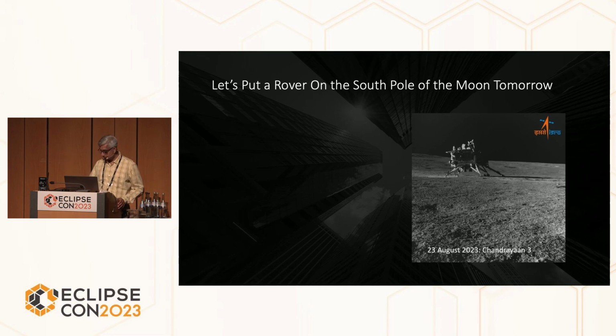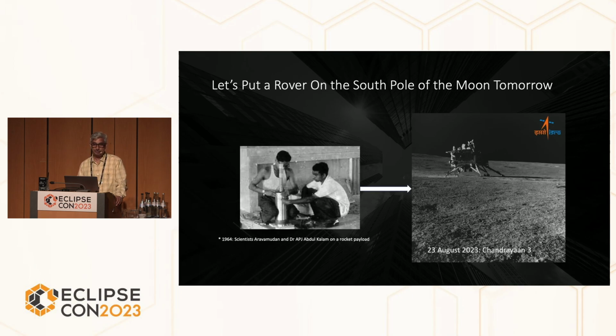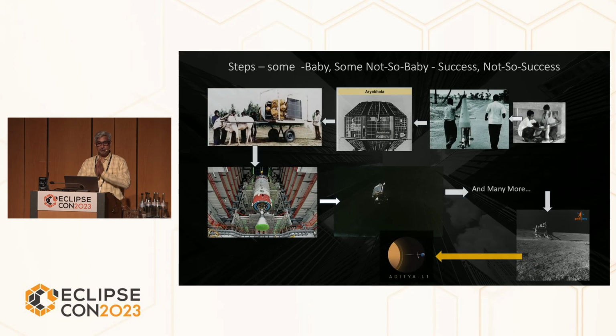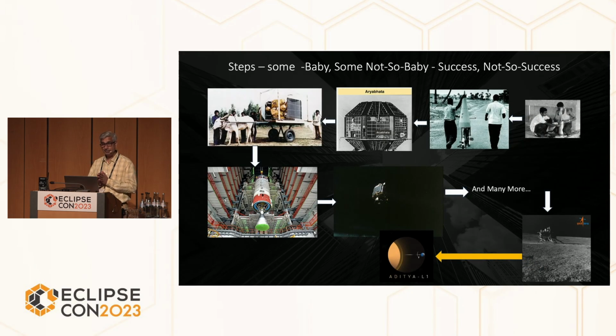But like everything, we start with simple steps dating back to 1964, some baby steps, some not so baby, some successful, some not so successful, and finally on 23rd of August we put something onto the moon.